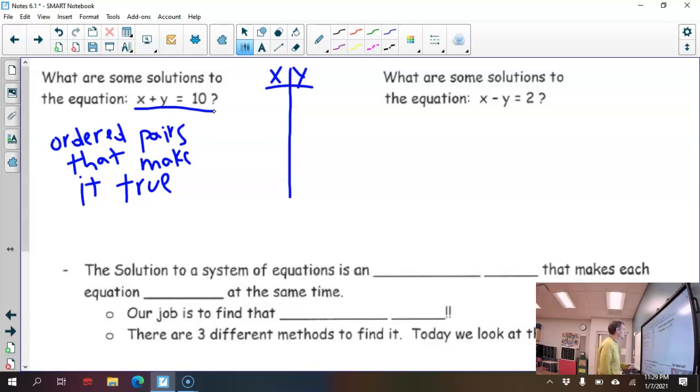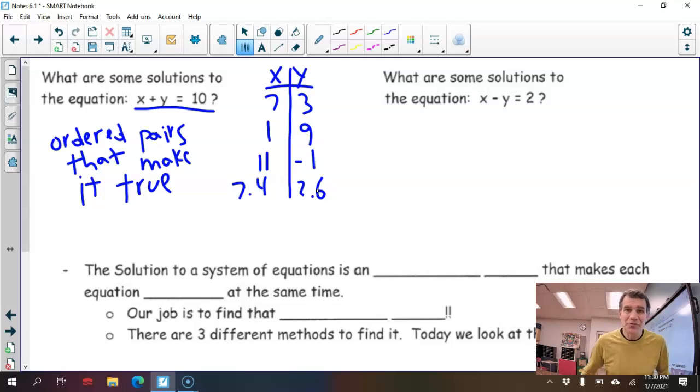Well, certainly that's not too difficult, right? Maybe 7 and 3, maybe 1 and 9. How about 11 and -1? That works, right? How about 7.4 and 2.6? All right, obviously I could come up with as many ordered pairs as I want, infinitely many, that make that equation true. And that's why if you only have one equation, but with two variables, you can't solve it. There's infinitely many ordered pairs that make that true.